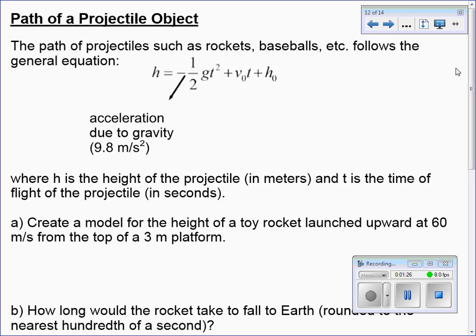Now, the v0t has something to do with Newton's idea that if something's in motion, it continues in motion until it actually gets another force applied to it. Okay? So think about it. If you're skating really fast and then you stop skating, you just keep traveling and traveling until you hit the boards, right?